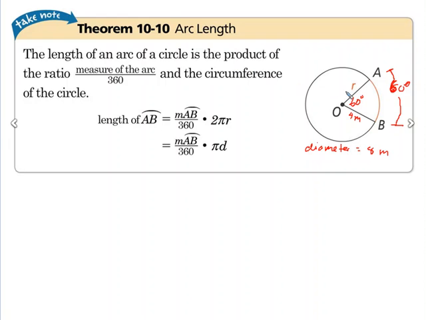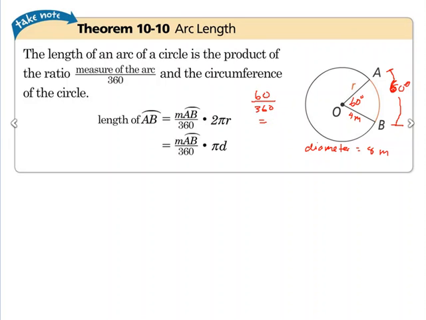I know that 60 degrees is the measure of that angle, but I also know there are 360 degrees in the whole circle. So what fraction of the whole circle is 60 degrees? I would take 60 degrees and write it as a fraction out of 360 and reduce that.